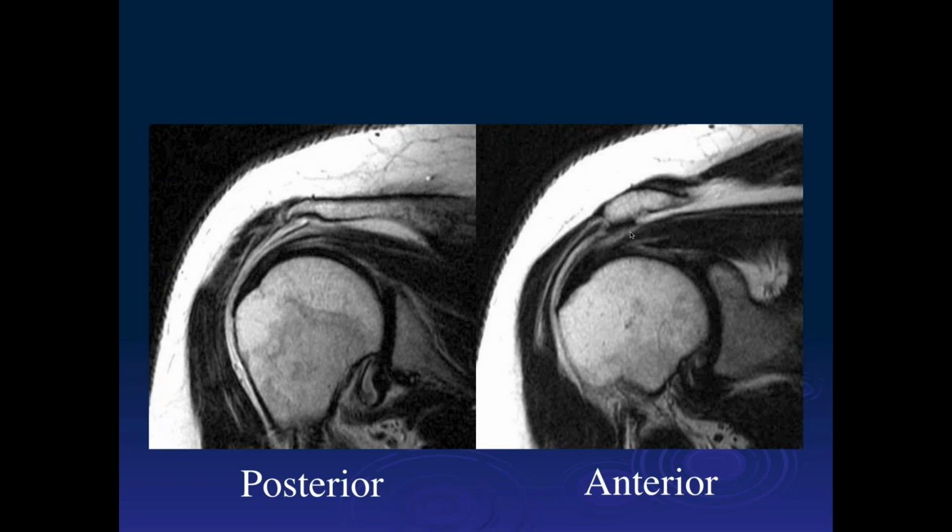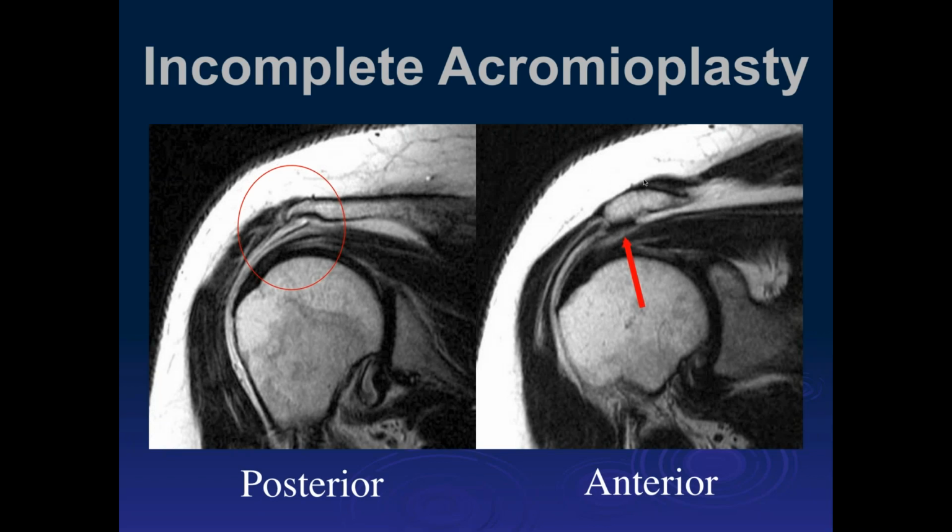We still see irritation of the supraspinatus tendon here on the bursal side. And this was an incomplete acromioplasty because typically the symptoms for this disease, as we've been talking about, are always in the anterior acromion. And that's not the area where the acromioplasty was done in this particular patient. So that's why the patient continued to be symptomatic.